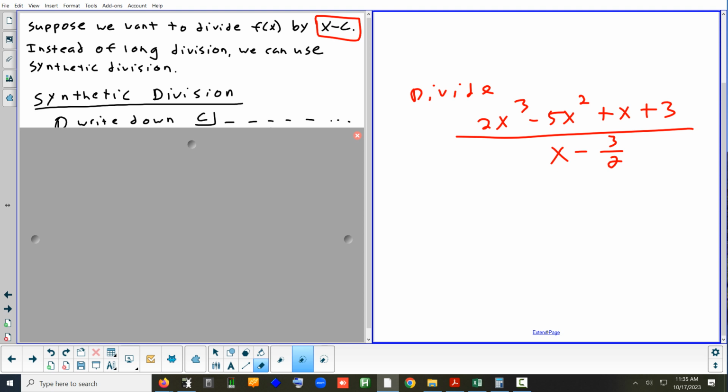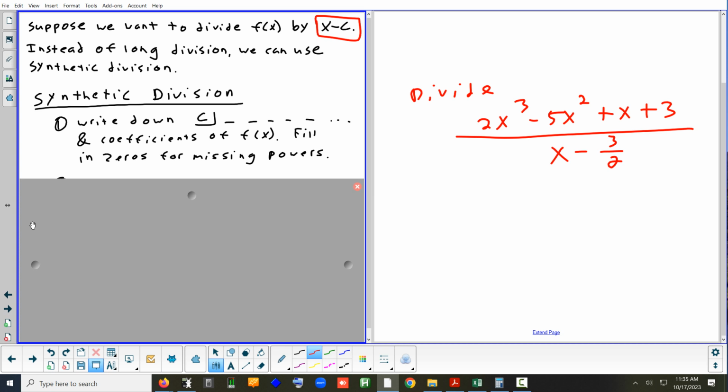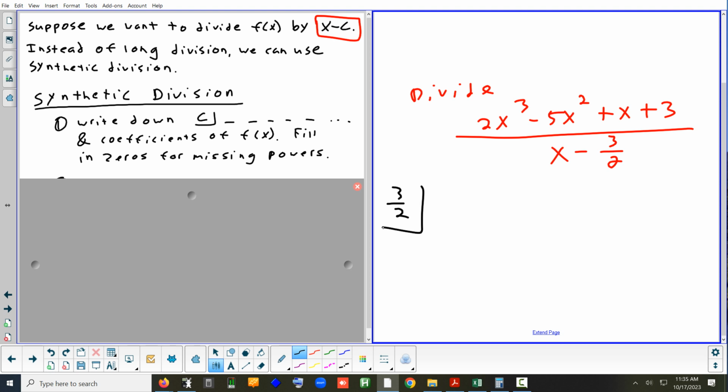Okay, so the first thing is, are we dividing by something that's of the form x minus a number? Yes, we are. So step 1 is take the number that comes after the minus sign, put it on the outside of a bracket, and then on the inside, fill in all the coefficients of the numerator.